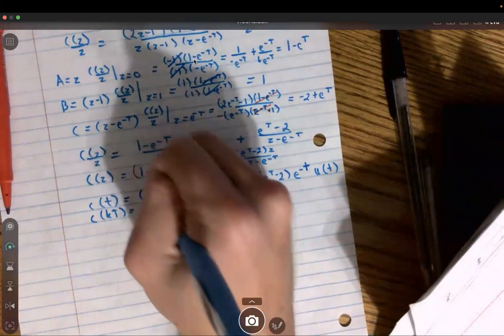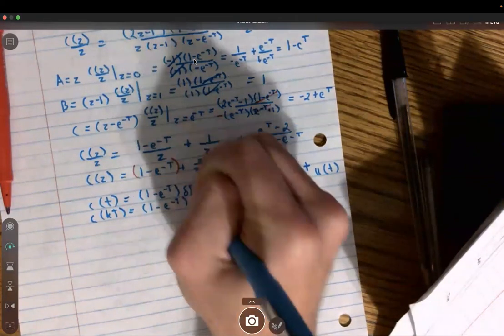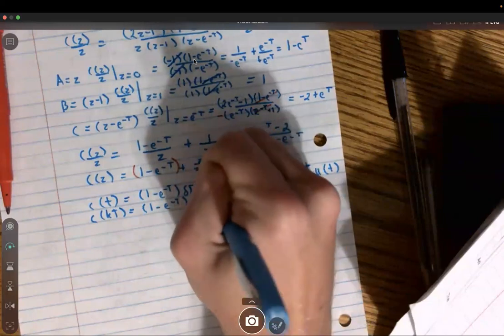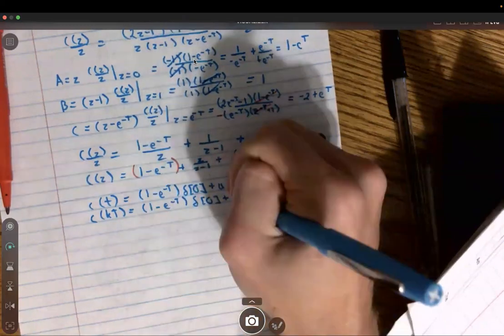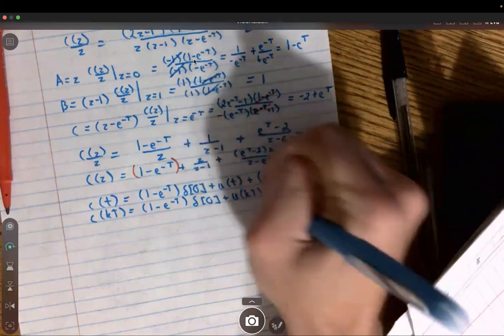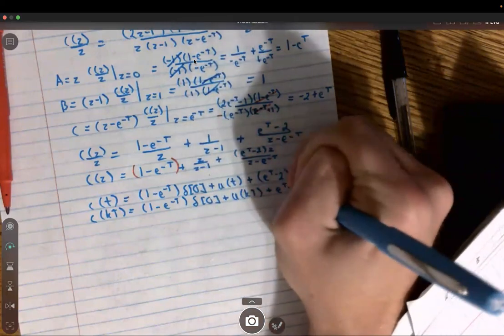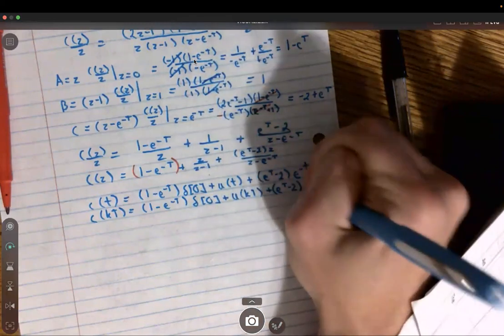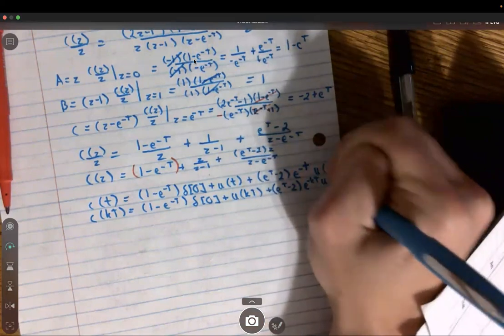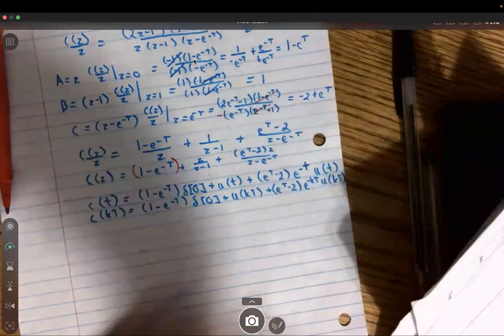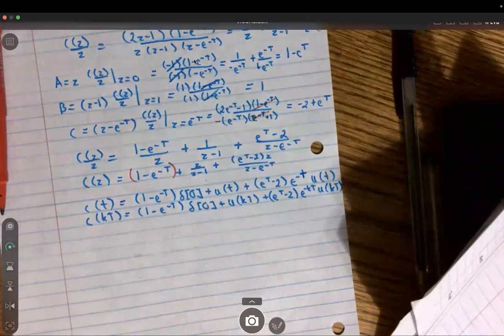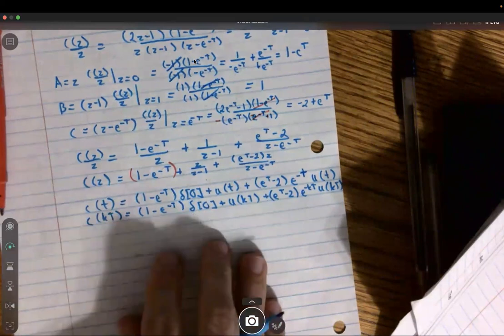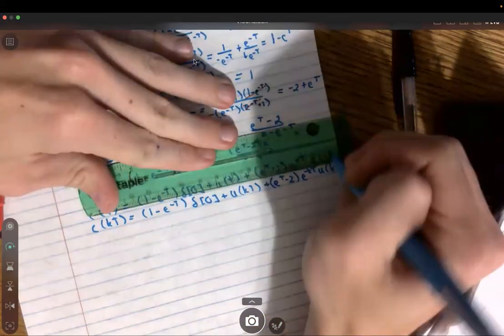So we're going to get 1 minus e to negative, that's a capital T still, so it stays the same, and then u of kT, and then plus e to the t minus 2, and then e to -kT, and then u of kT. Okay, and so that's what we have here for our output. So that's how we solved for it, using what we know.